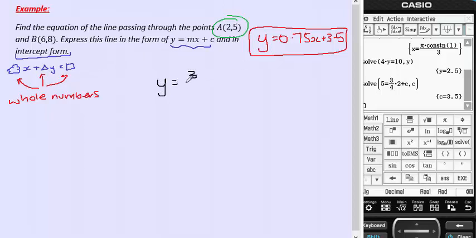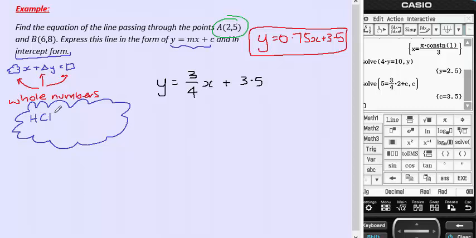Well, we know that's 3/4 x plus 3.5. And I need to now think about how I can represent 3.5 as a fraction. Because what I'm going to do is I'm going to find, and welcome back to year 7, my highest common factor with my denominators. So I need to find my denominator that I can work through here.